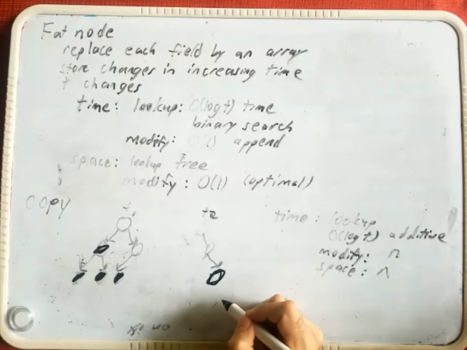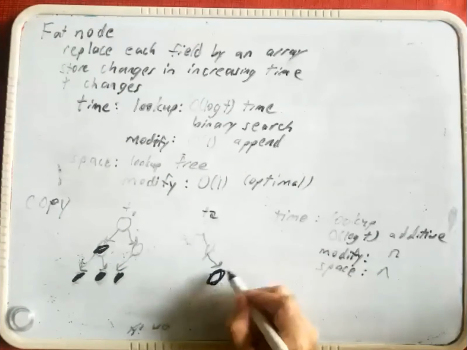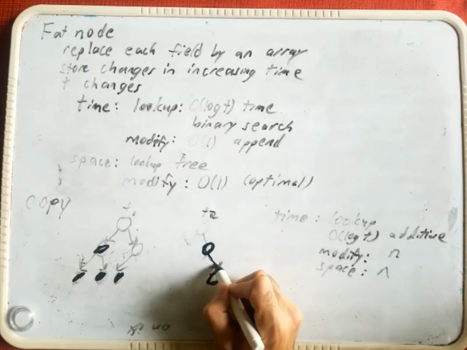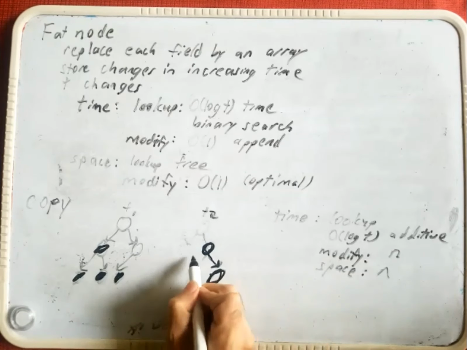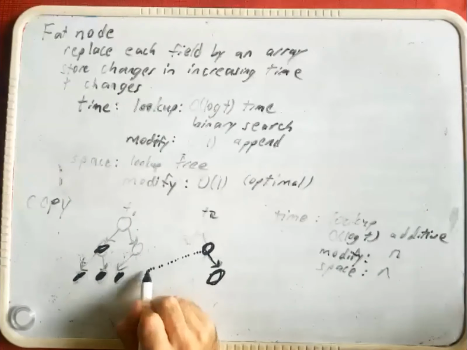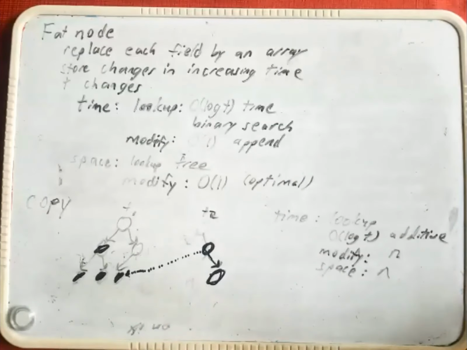And if we think about it, when I created this new node, I updated a pointer to it. So I'm going to have to make a new copy of this node, right? But the other pointer in this node points to something that hasn't changed. So I might as well refer to it.